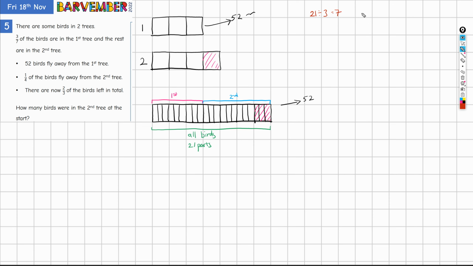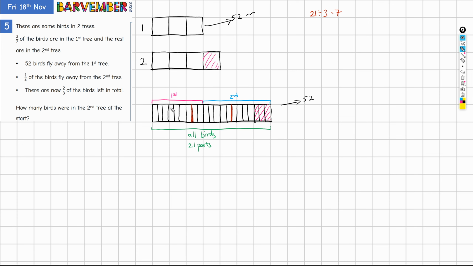So that's equivalent to 1/3 of the birds. So 1, 2, 3, 4, 5, 6, 7. That's 1/3 there. 1, 2, 3, 4, 5, 6, 7. There's 2/3 there. Okay. And we're told that there's 2/3 of the birds left in total.